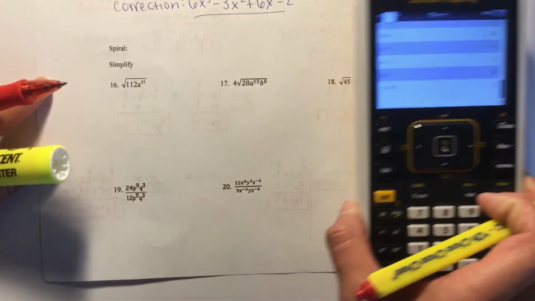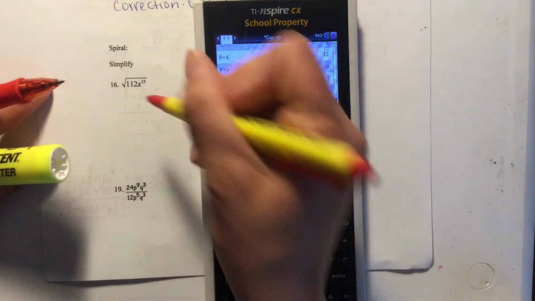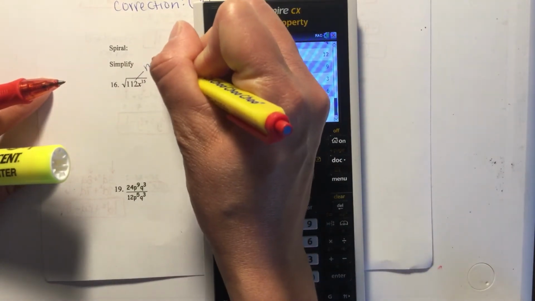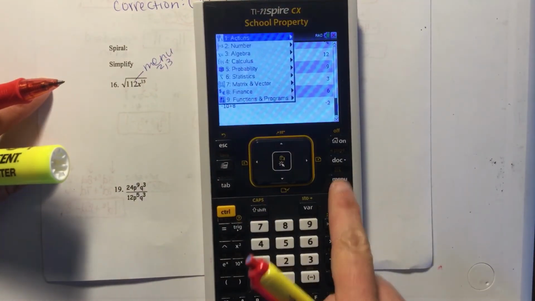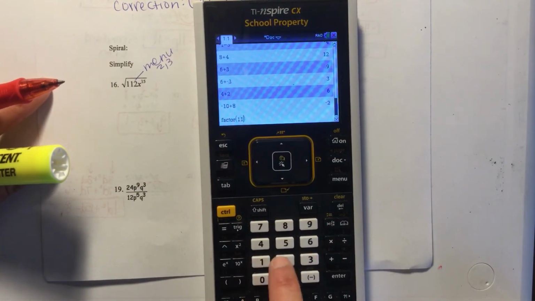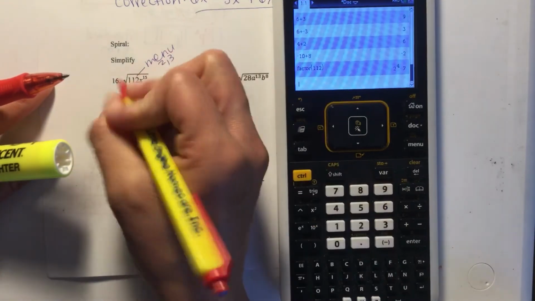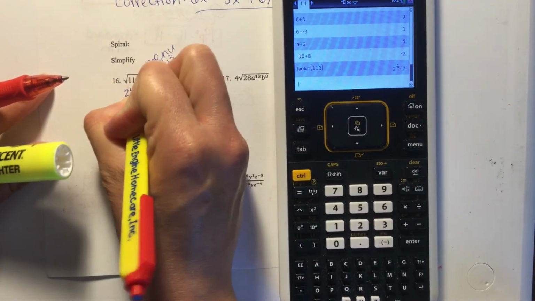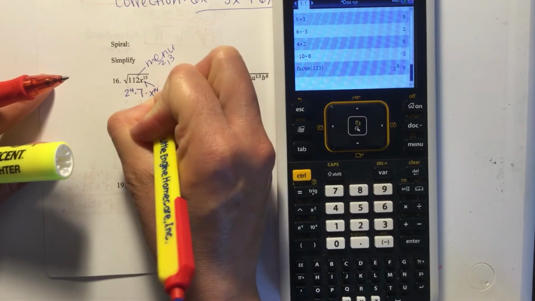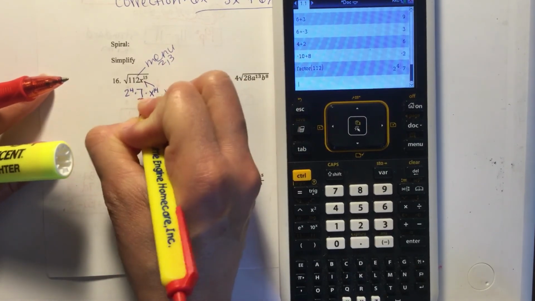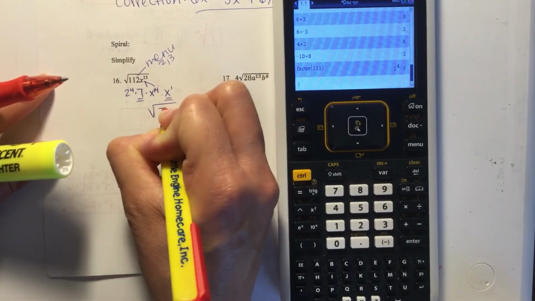All right, here we're going to simplify. When you simplify, you're going to take the factor tree of 112. You get 2 to the 4th times 7. The x you need to break up: x to the 14th times x to the 1st. Anything to the first power will stay under.